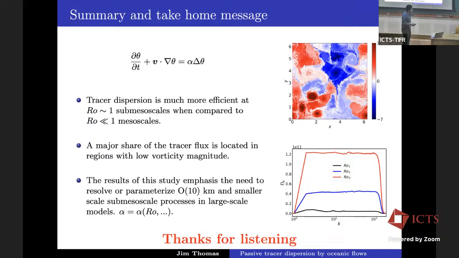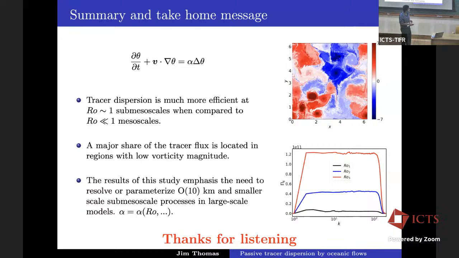And one of the most important findings is that when you look at ocean models, typically, as I explained earlier in this talk, alpha, the diffusivity, is put in as a constant or something that varies geographically. But what we show is that the tracer dispersion changes a lot. Remember the tracer flux distribution in physical space. All these are highly anisotropic. So we can't put in an alpha that's a constant or changes just geographically.